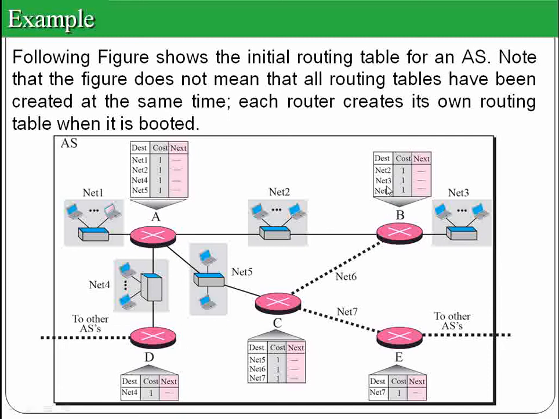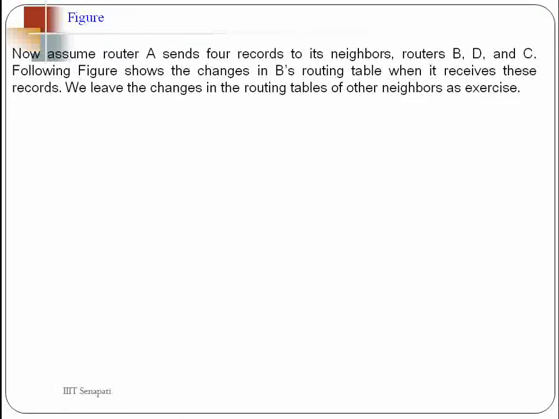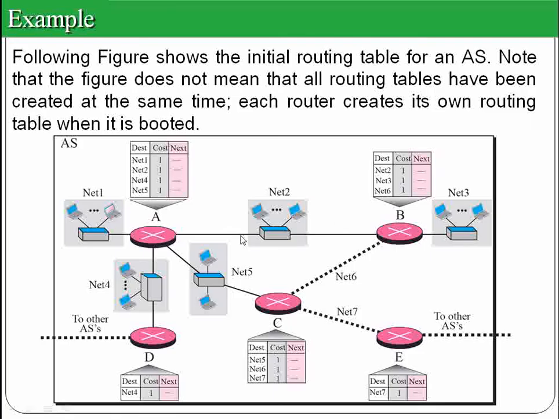It says that I can reach network 2, network 3 and network 6 in one hop, directly. Then we have to update these tables. Assume router A sends 4 records to its neighbors. You can see here router A has 4 records, and these neighbors are B and others.